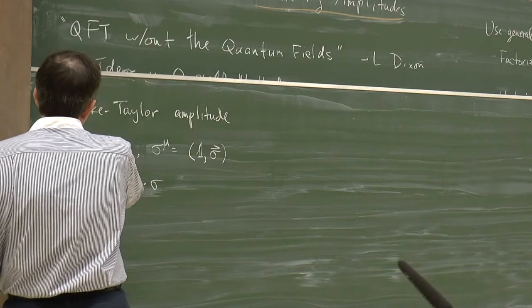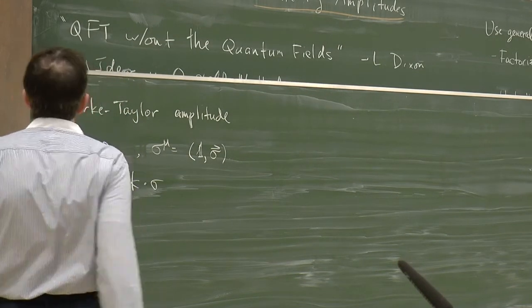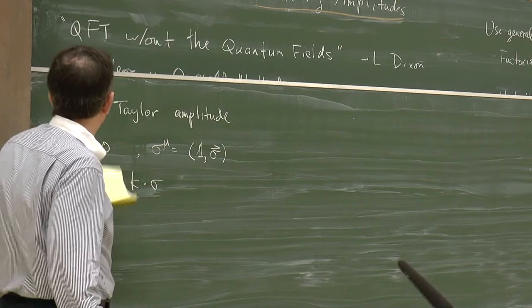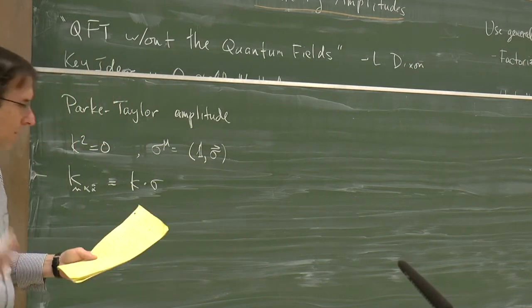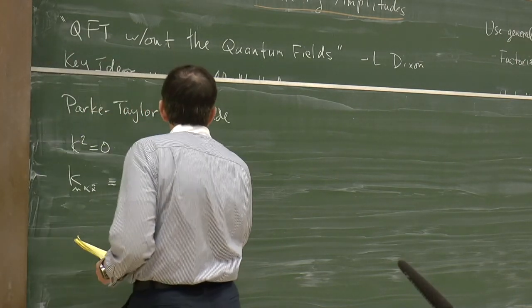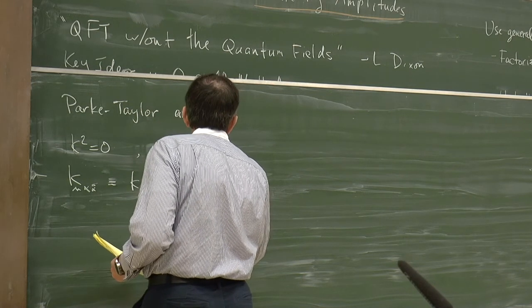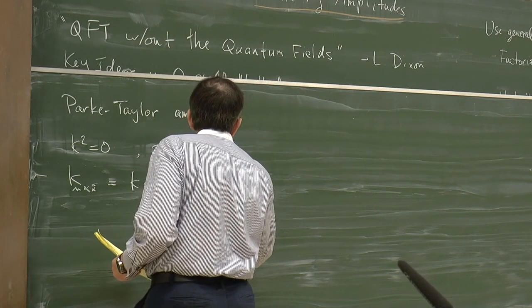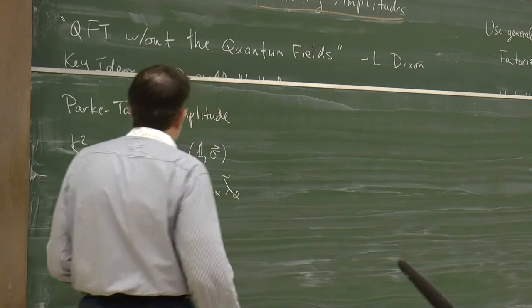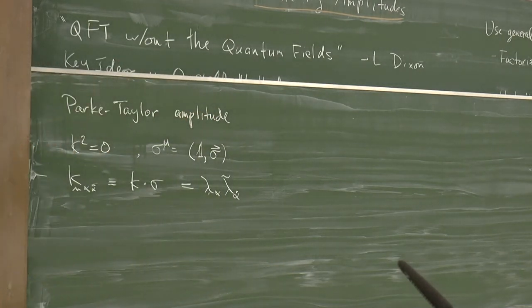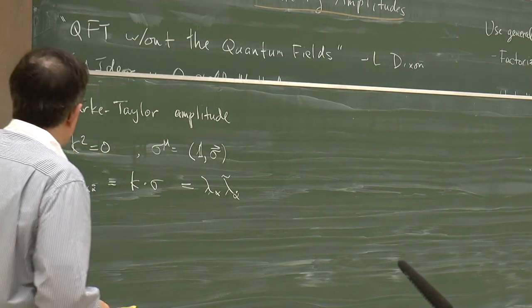And because the determinant of this matrix is the same as the Lorentz product, if it vanishes, that means that it's a rank 1 matrix. So we can write it as an outer product of a spinor and its conjugate.